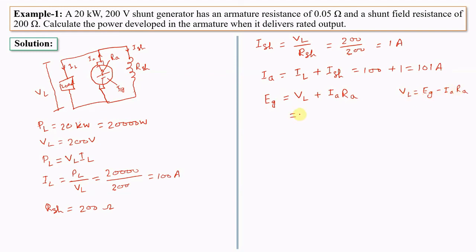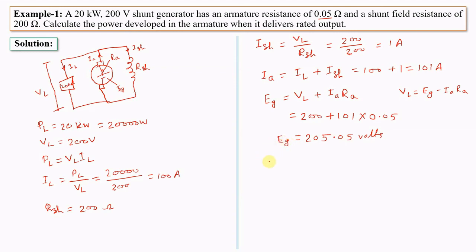So here VL is 200. Armature current we have calculated 101 ampere. Our armature winding resistance is given, that is 0.05. Therefore, after calculation, the value of generated EMF will be 205.05 volt. This is the generated EMF.